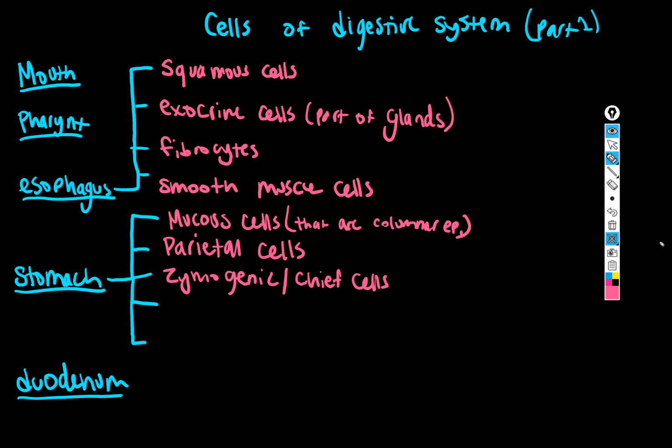And then we have G cells, which are going to produce gastrin. Remember, gastrin comes from two places. We've got gastric gastrin, and we've also got the gastrin that is secreted downstairs by the duodenum, part of that conversation between the stomach and the duodenum that regulates gastric emptying.